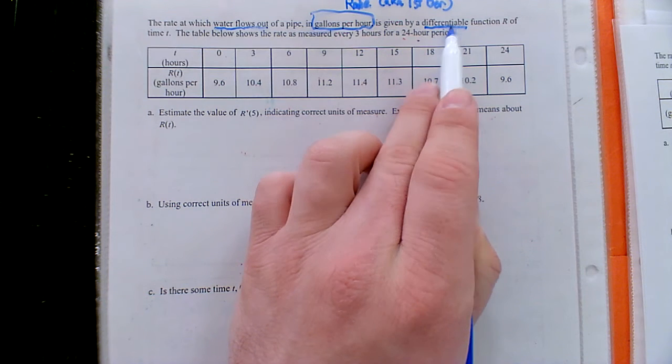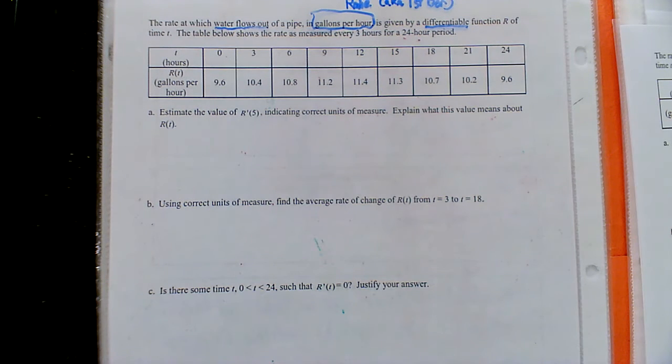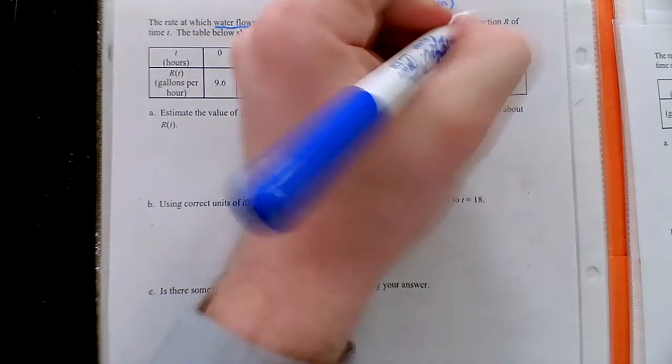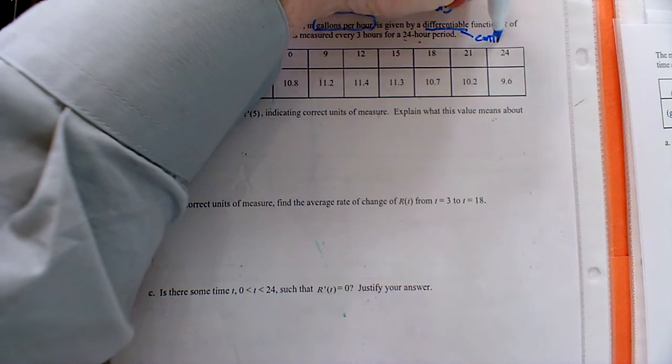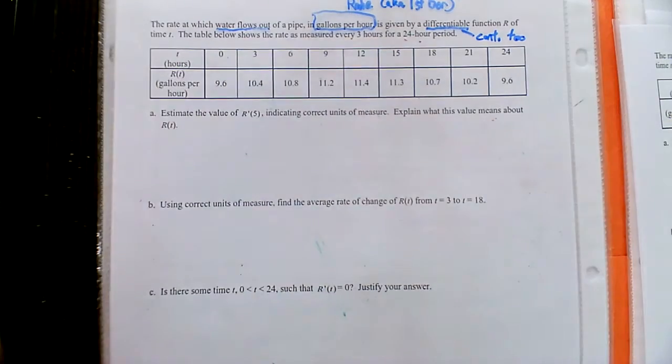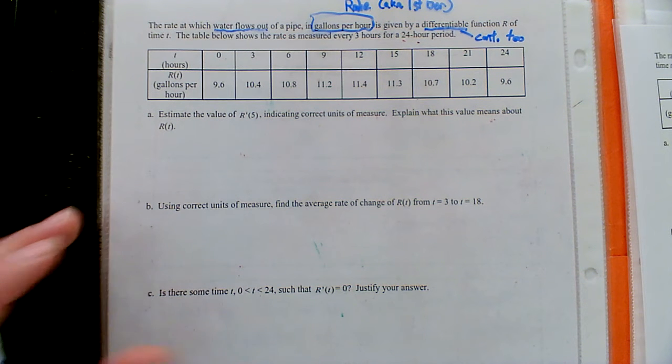If it's a differentiable function, what else do we know? Yes, it's continuous. Remember, differentiable implies continuity. Continuity does not imply differentiability. So it's continuous too. So that's important.